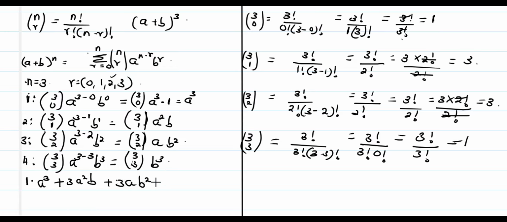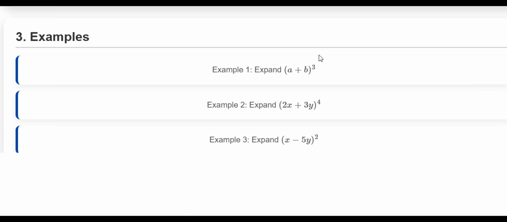And then the last one is 1. The coefficient is 1. Then I multiply by the final expansion, which was b cubed. So my answer becomes a raised to power 3, because 1 multiplied by a cubed is just a cubed, plus 3a squared b plus 3ab squared plus b cubed. This becomes our binomial expansion for this question here.